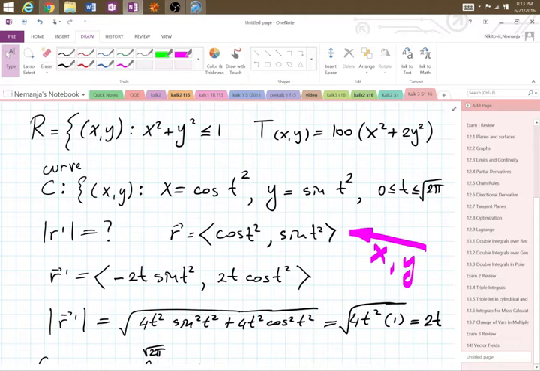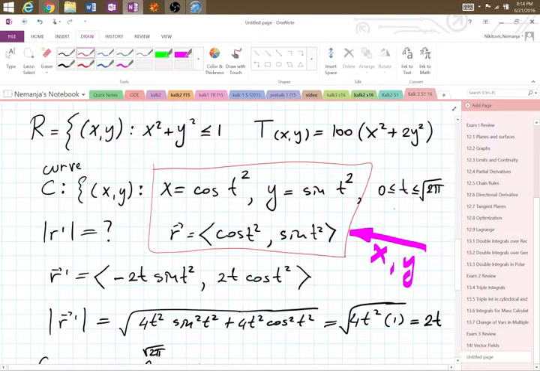So what do we do? Well, we know from the definition what are the components that we have to compute, like r prime. But the most important thing here is to understand that I should box this together, along with the limits there. This is your parametrization, and it's going to be there in every single problem.